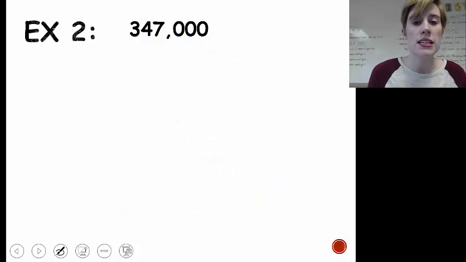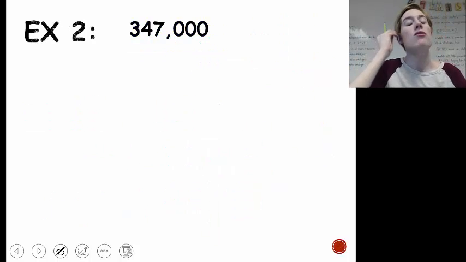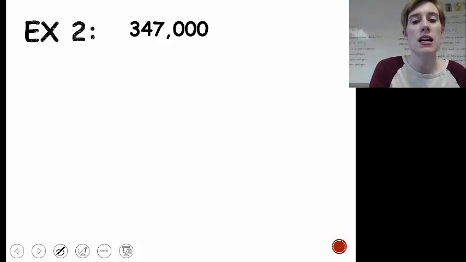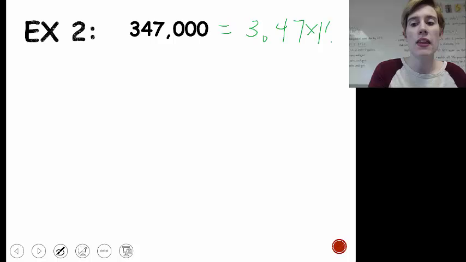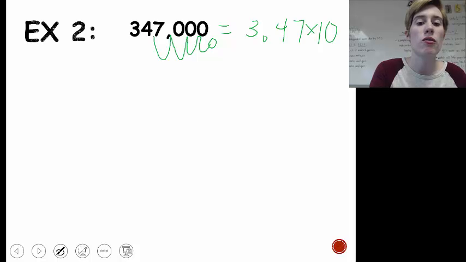So let's practice with this value, 347,000. If we want to write it into scientific notation, we need to have only one digit to the left of the decimal. So I'm going to write 3.47 times 10, and then I have to ask myself, how many times am I going to be moving that decimal? Well, move it once, 2, 3, 4, 5 times. So I put a 5 here.